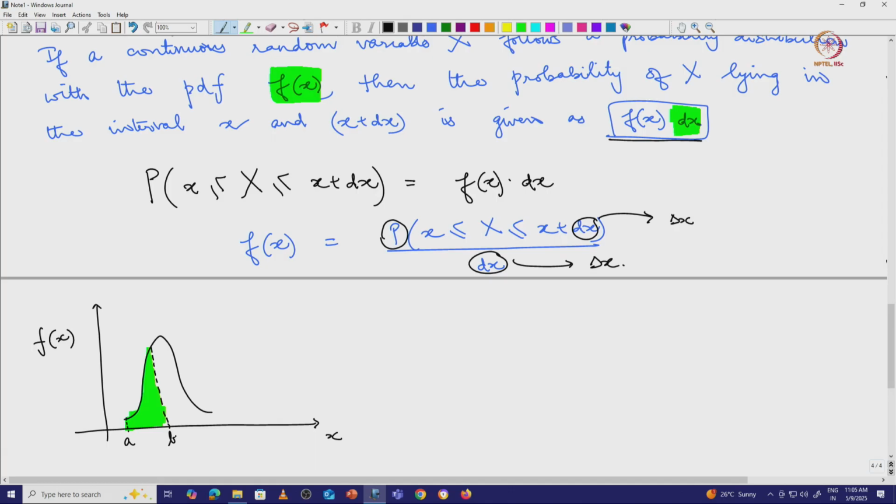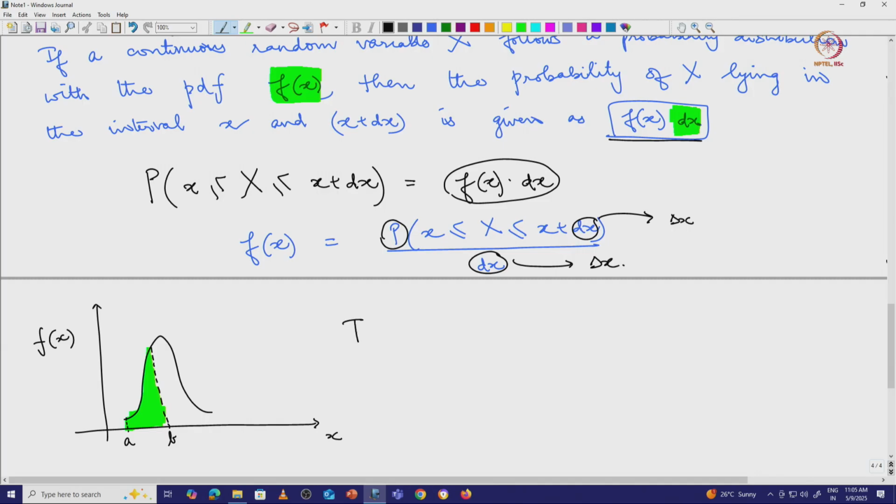So if you compute the integral of f of x over this interval, clearly it will denote the probability of capital X lying in that entire interval, because you are taking all the probabilities and adding them up. That is what integration does.